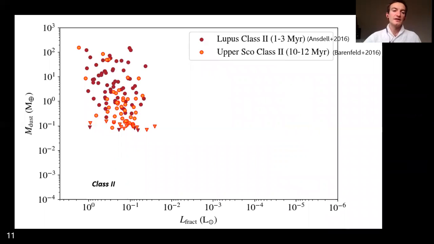We build a millimeter disk dust mass plot as a function of fractional disk luminosity, where we first have our Lupus class 2 objects as well as our Upper Sco class 2 objects. We can see that for a very narrow range of fractional disk luminosities, we have a very large millimeter disk dust mass distribution.